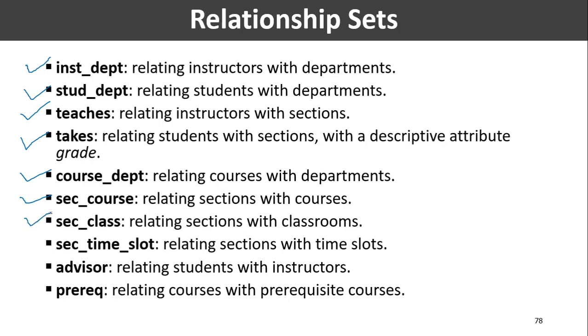So we are having section class as one of the relationships. Then section time slot, that is one more relationship that we are having. Then advisor and the prerequisites. So those many relationships, those we have identified. Okay.